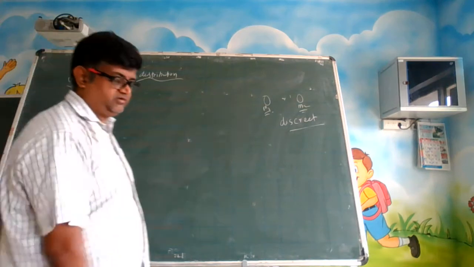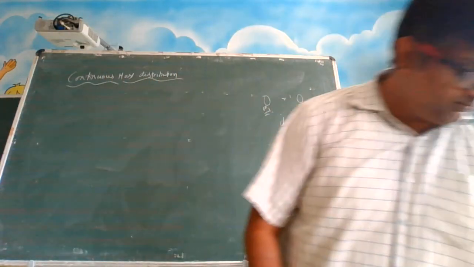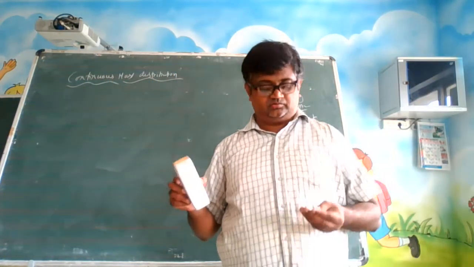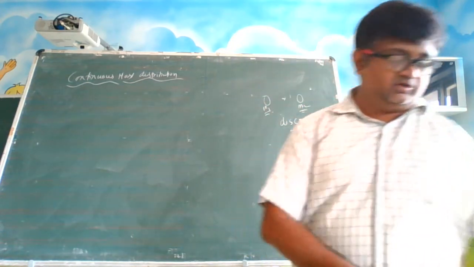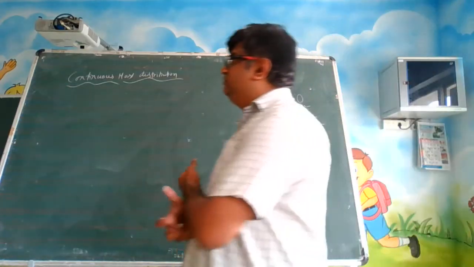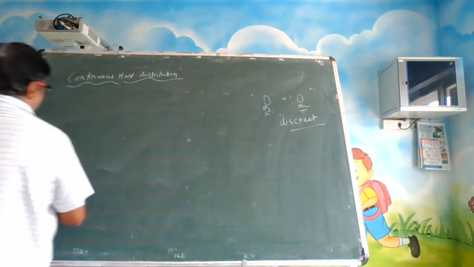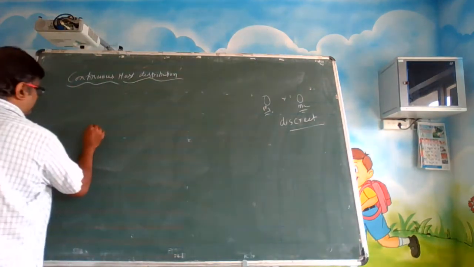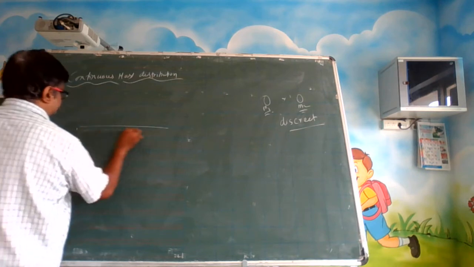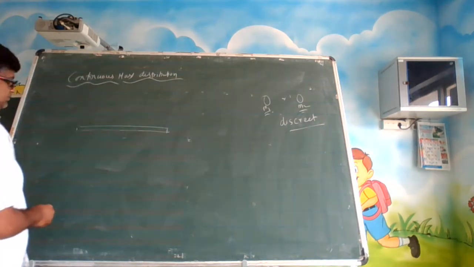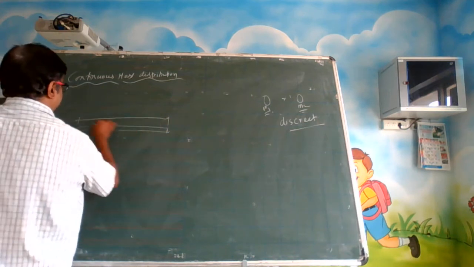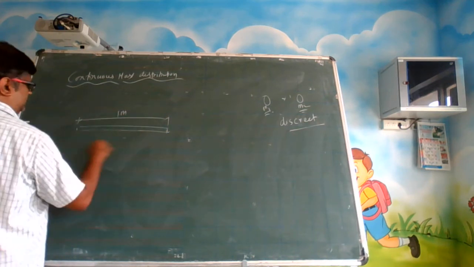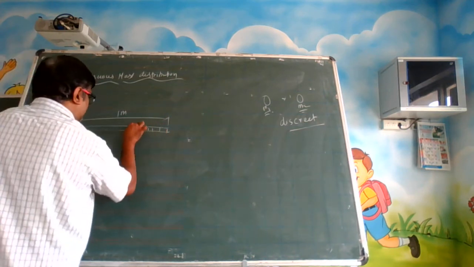Like this duster, this chalk. These are all discrete mass systems. Now, a continuous mass system means, suppose I take a metallic rod. Let us say its length is 5 meters. Let us say 1 meter. So, this is made up of small pieces, isn't it?